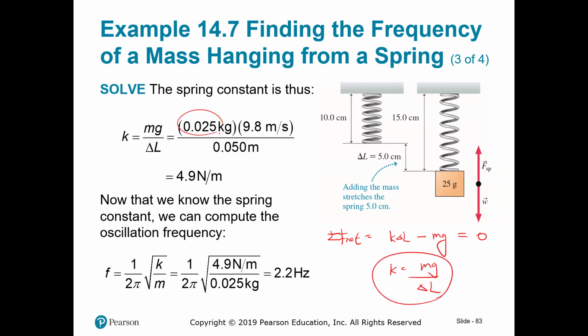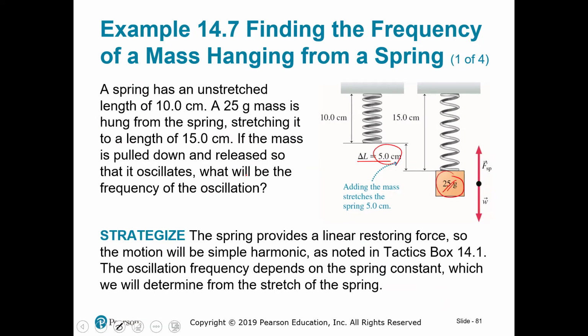Again, you have to convert every unit to mks, right? So K is 4.9, or 5 Newton per meter, right? Now we know the spring constant, and the second question here is what is the frequency, right?